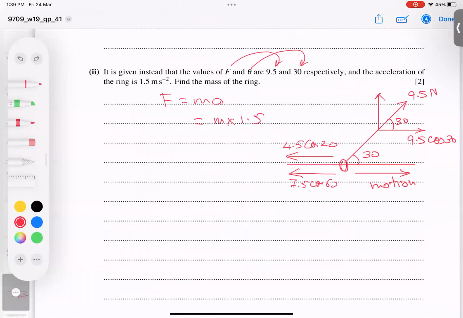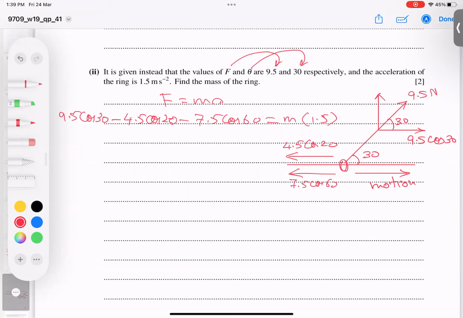Okay, so I will check my calculator. It means 9.5 cos 30 minus 4.5 cos 20 minus 7.5 cos 60 equals MA, and A is 1.5.